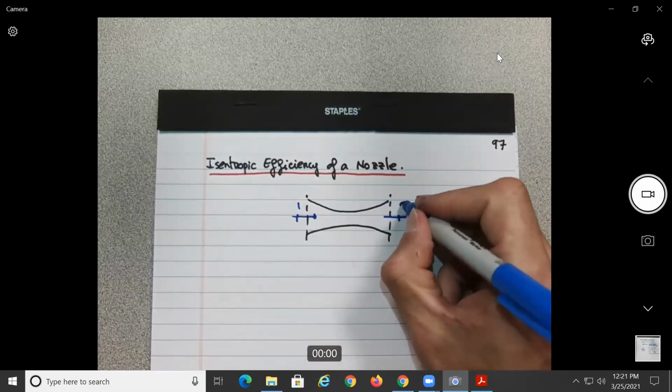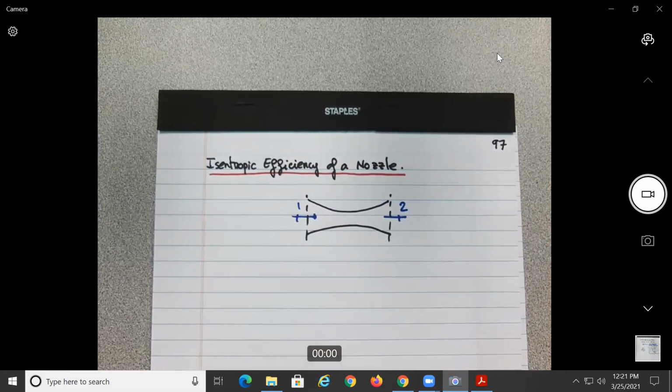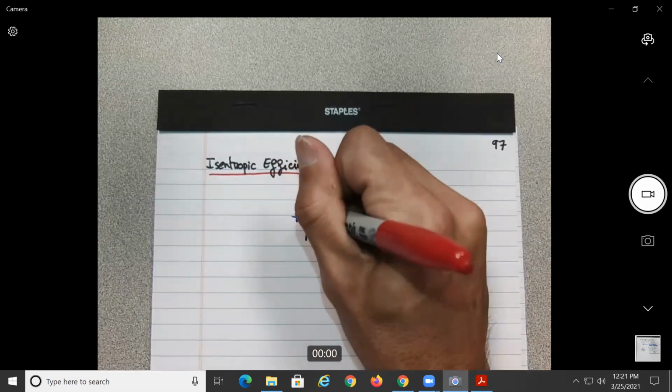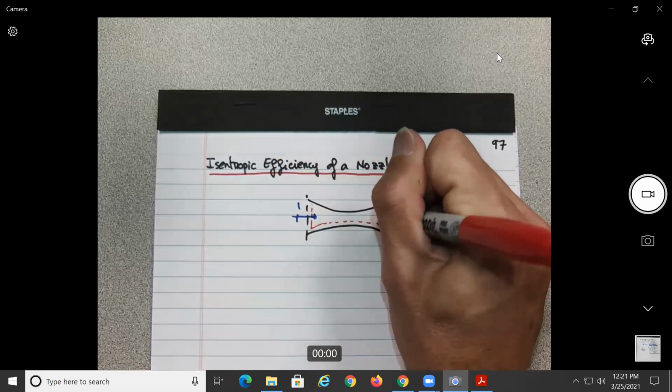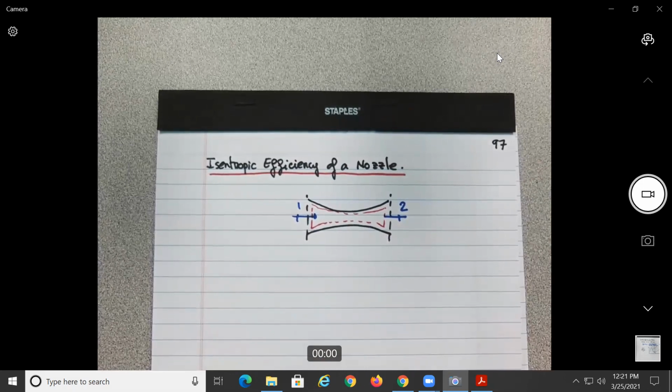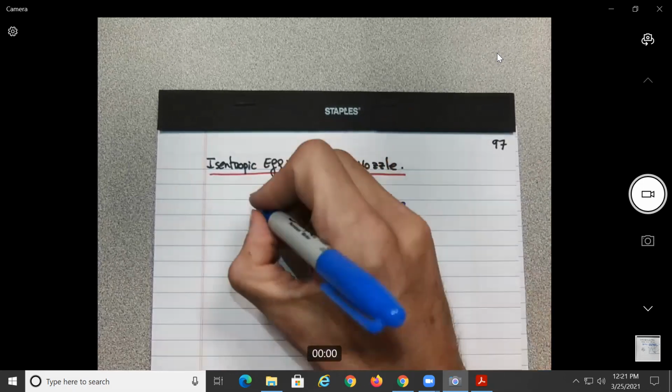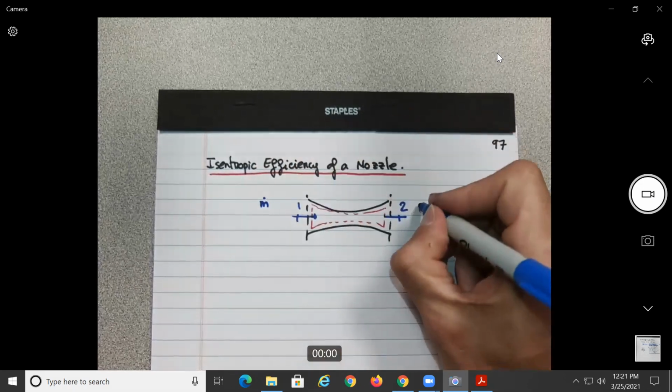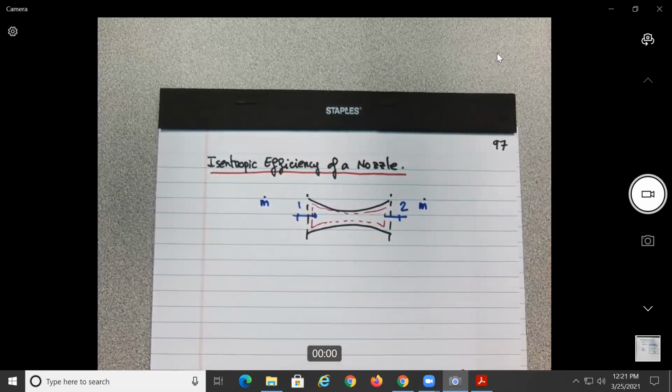One, two. So if you want, this will be your control volume. So it's the same mass flow that goes in.